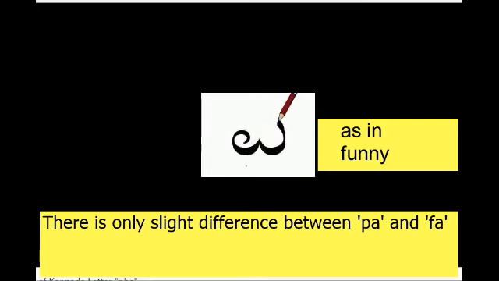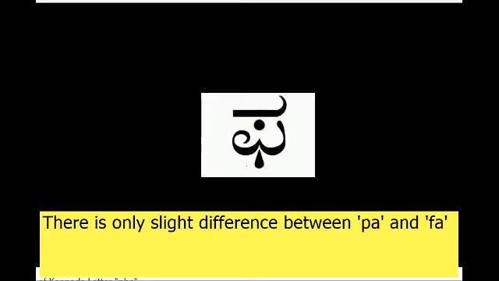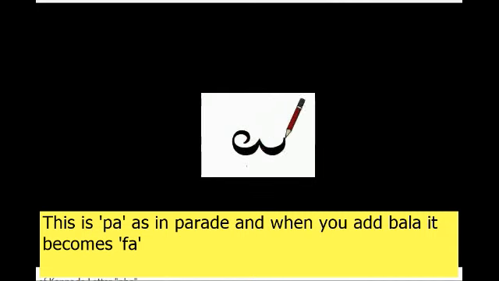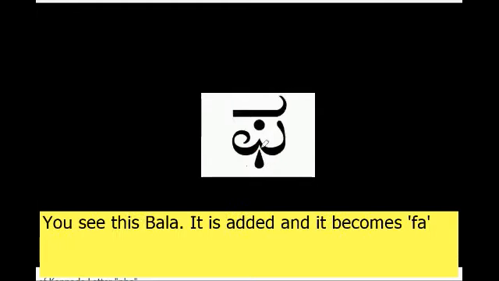If you see, there is only a slight difference between P and F. This is P, as in parade, and when you add bala or tail, it becomes F. You see this bala, this is added, that's it, and then it becomes F.